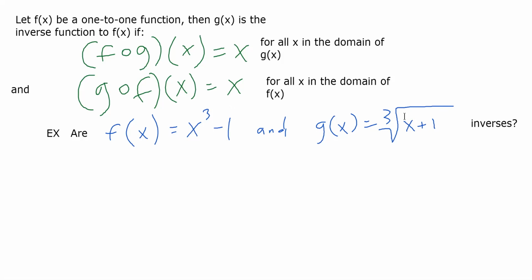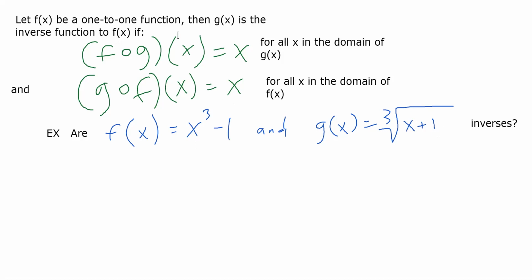Here, the parent function for the cube root of x would also have passed the horizontal line test, and then all we're doing is moving it to the left 1 unit, which doesn't change its ability to pass the horizontal line test. Although in general, a third degree polynomial is probably not going to pass the horizontal line test and be one-to-one. In this case, this particular one is.